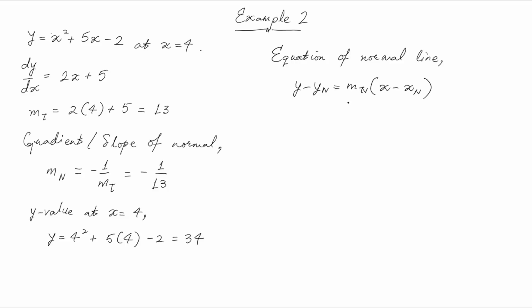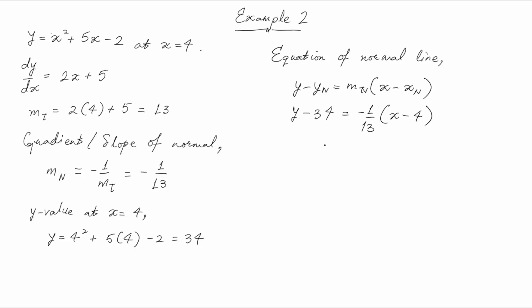So y minus yn equals mn times x minus xn. Okay, so this is the proper one. Where is our y? y is 34 and mn is negative 1 over 13. x minus 4. A lot of big values over here.